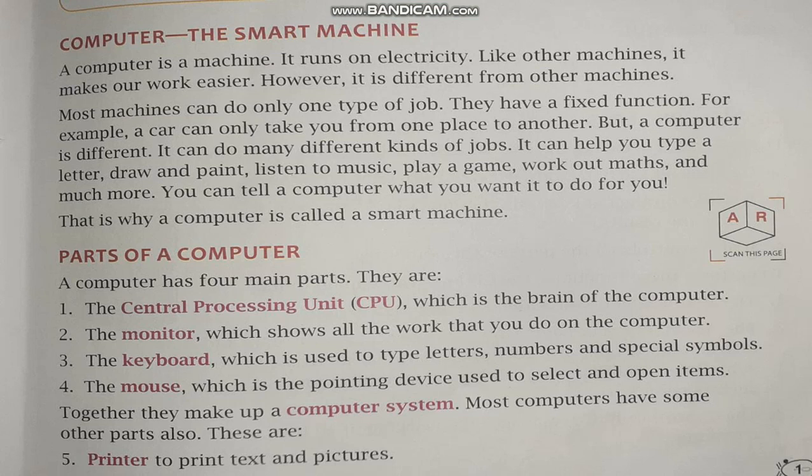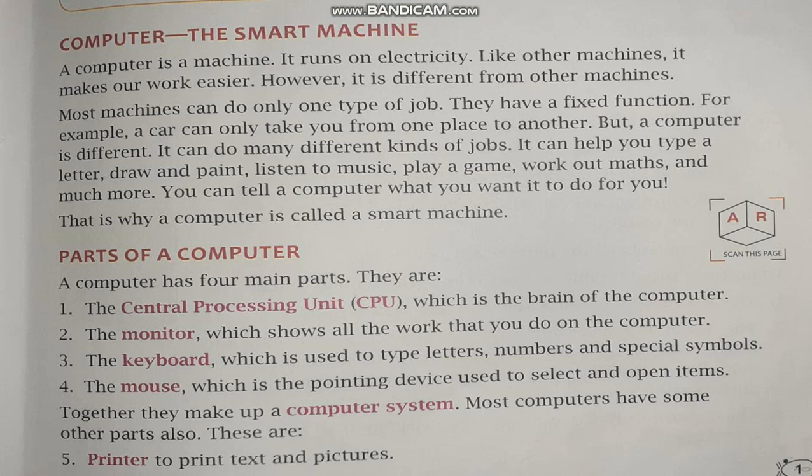But a computer is different. Why is it different? Because it can do many different kinds of jobs. It can help you to type a letter, draw and paint, listen to music, play games, work out maths and much more.